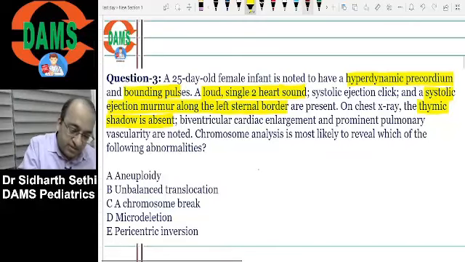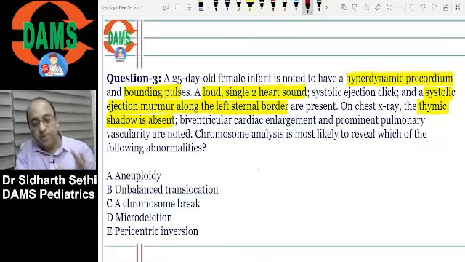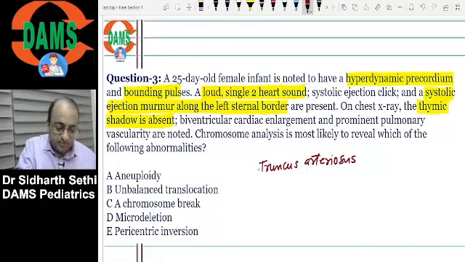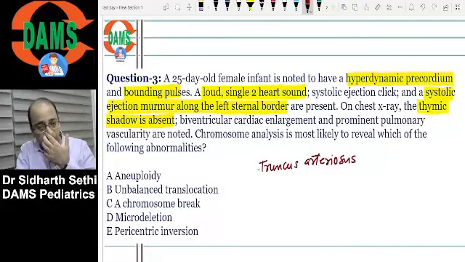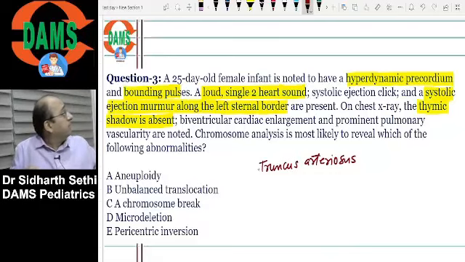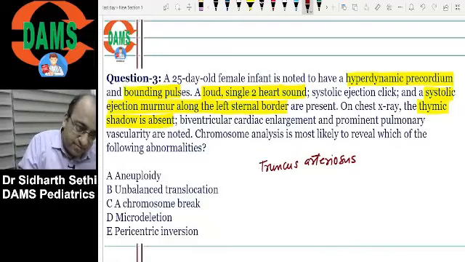So all of you, since I can see a hyperdynamic precordium, I would say this child most probably has truncus arteriosus, a complete mixing lesion. Because of the complete mixing lesion, this child has hyperdynamic precordium and absent thymus.